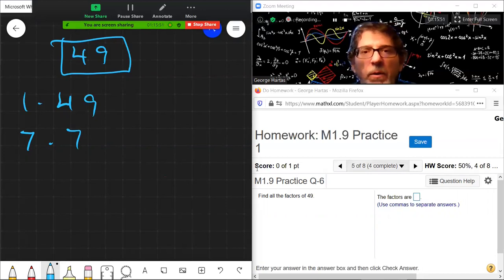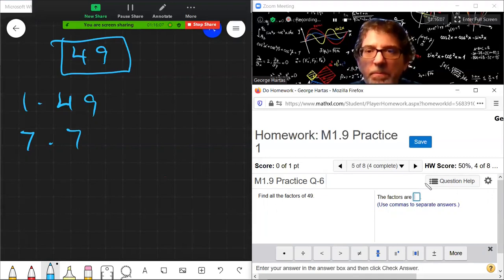Now, here, interestingly enough, it doesn't say anything about listing only single factors if you have 2 of the same kind. So I'm not sure what they want exactly, but let's type in what we have, and then we'll go from there. We have a duplicate there, and in the previous problems, they didn't want that. Here, they didn't say anything.